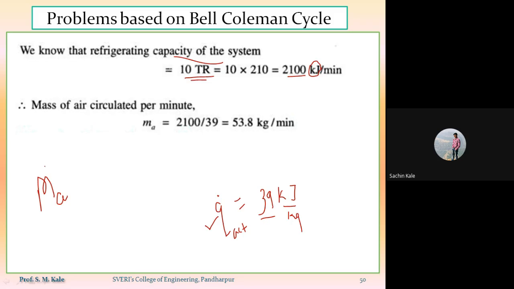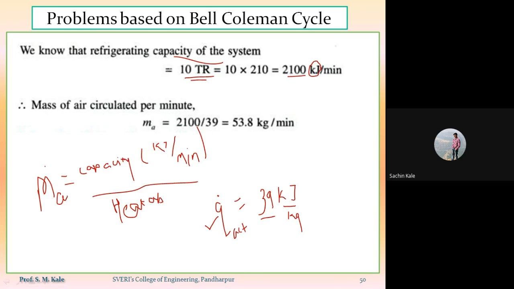Mass of air circulated is equal to capacity of refrigerating system in kilojoule per minute divided by heat absorbed in kilojoule per kg.